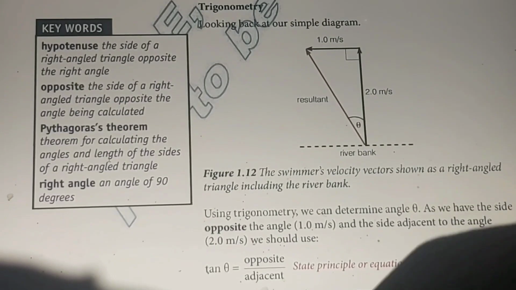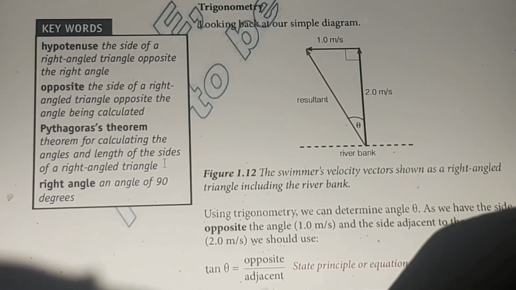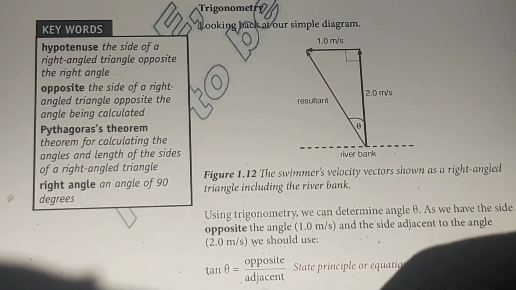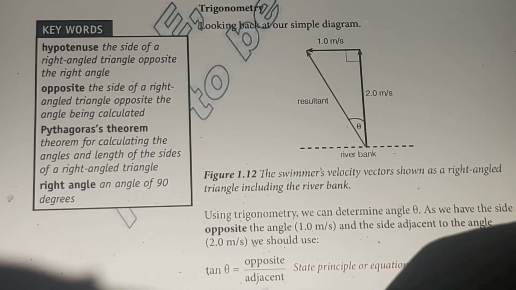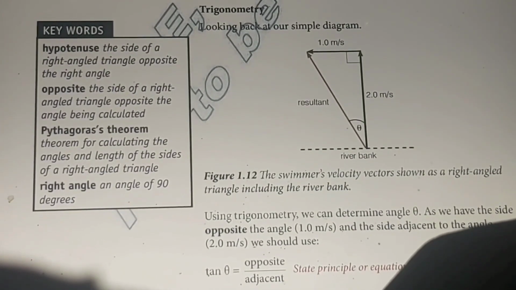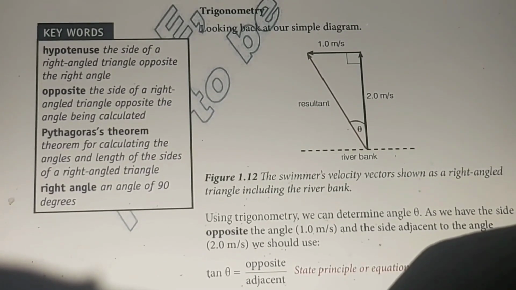Pythagoras theorem is a theorem for calculating the angles and the lengths of sides of a right-angled triangle. When vectors make a right-angled triangle, we can use Pythagoras theorem to solve for the resultant vector.